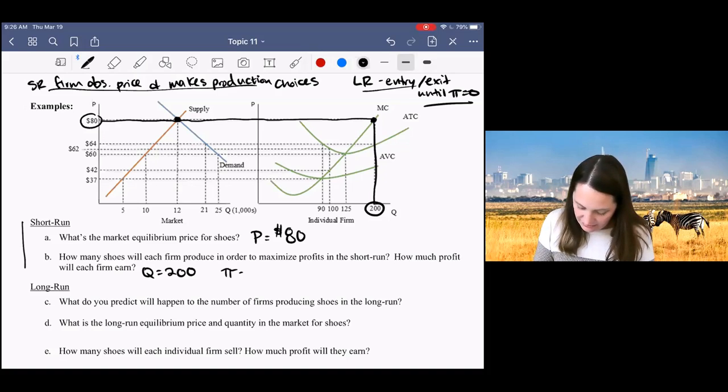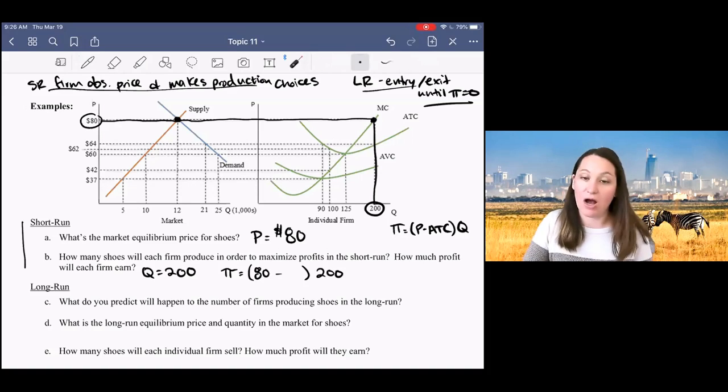And then profit, I'll just write this up here. Profit is price minus average total cost times quantity. So I've got my price already, that's 80. I've got my quantity already, that's 200. I just need to find my average total cost.